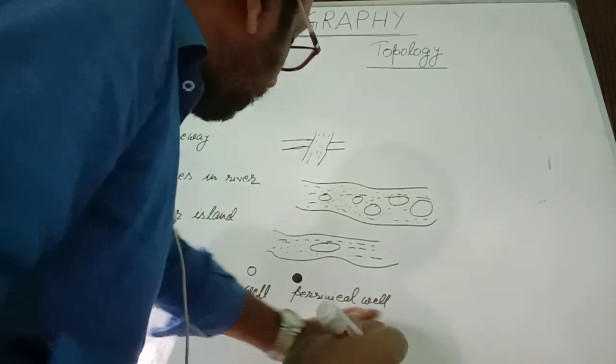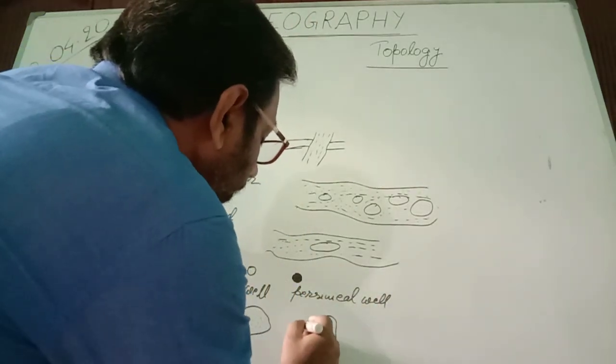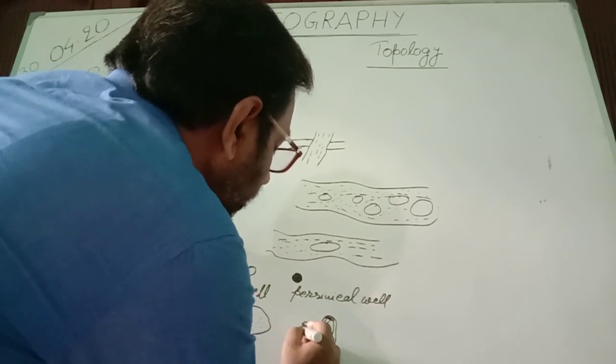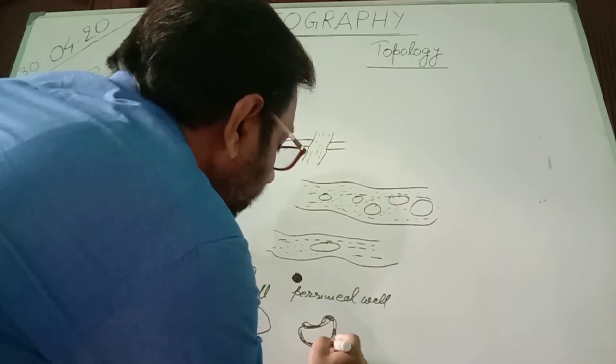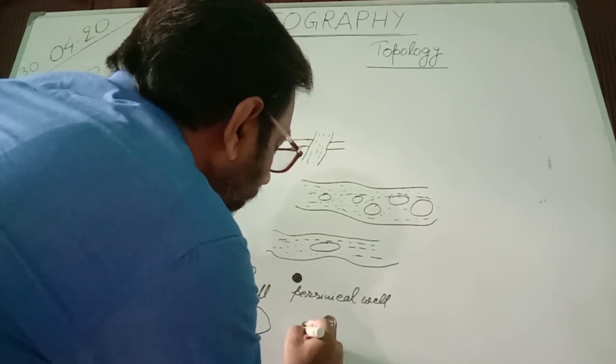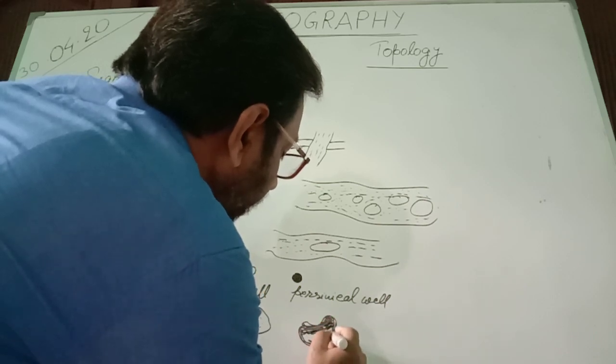Blue color represents water. Since this tank is printed shaded in blue color, we say this is the perennial tank.